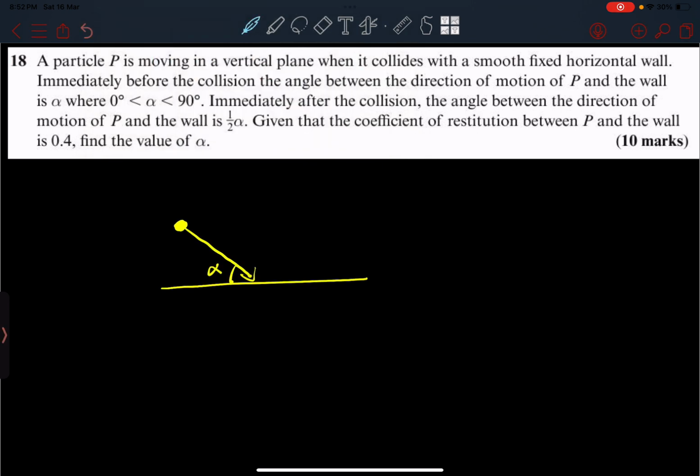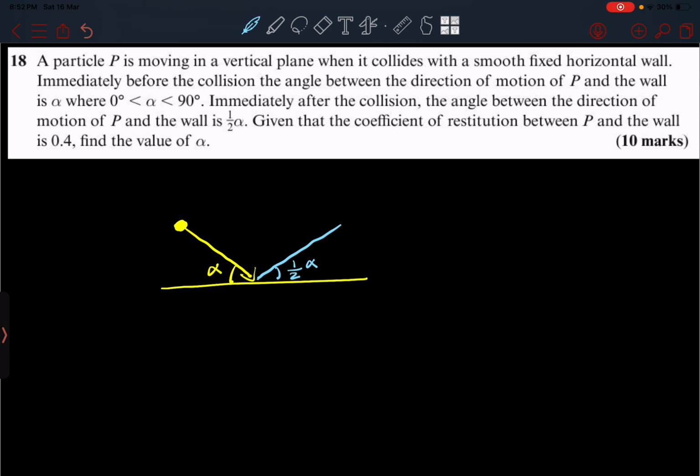So I know that the new angle is half alpha. Given that the coefficient of restitution between P and the wall is 0.4, we have to find out the value of alpha.